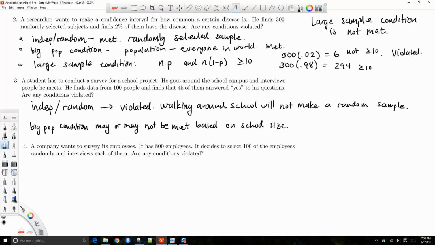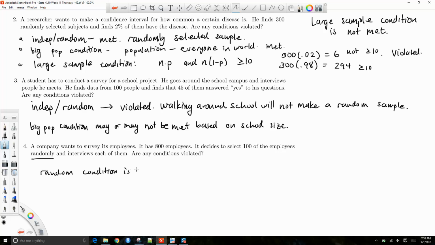A company wants to survey its employees. It has 800 employees. It decides to select 100 of the employees randomly and interviews each of them. Are any of the conditions violated? In this case, it says they were selected randomly, so the random condition is met.